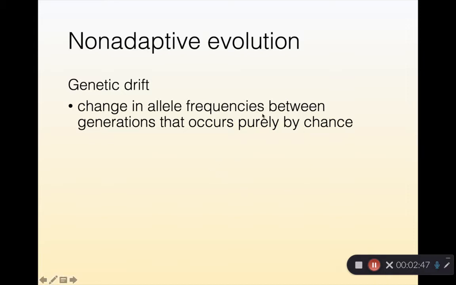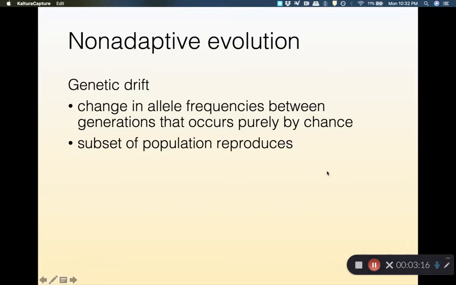When we're talking about allele frequencies, all we're talking about is the inheritable part of a gene that's passed down through generations, so that variant part of the gene. Again, we're going to go into more detail about what alleles are and how they encode for specific genes in later sections. But just for now, know that an allele is a variant that encodes for a specific trait in a species.